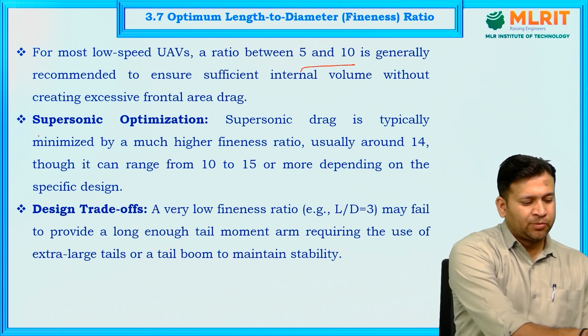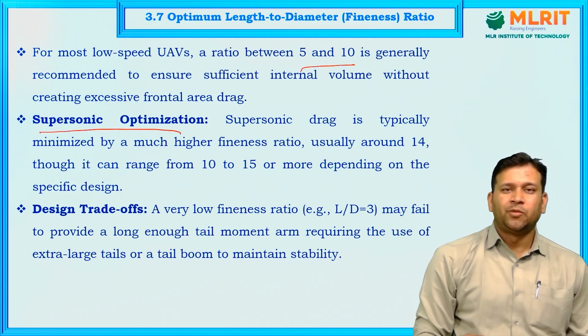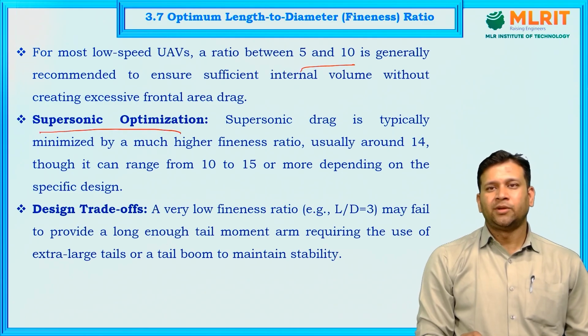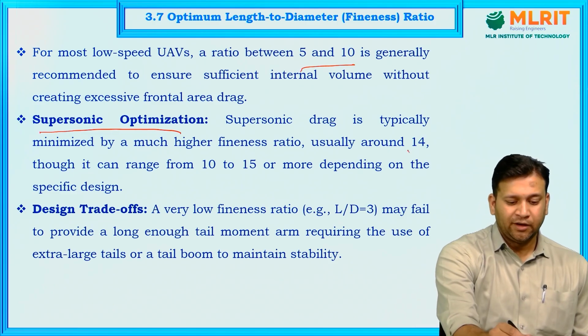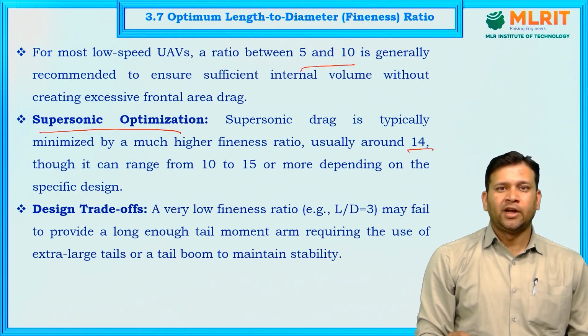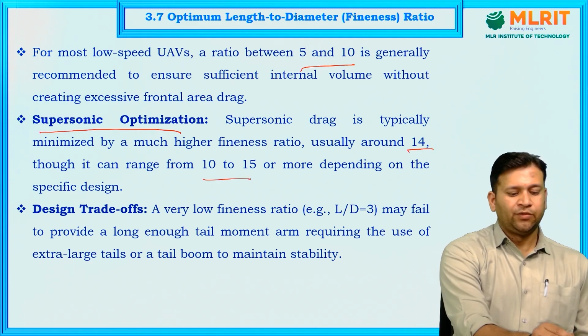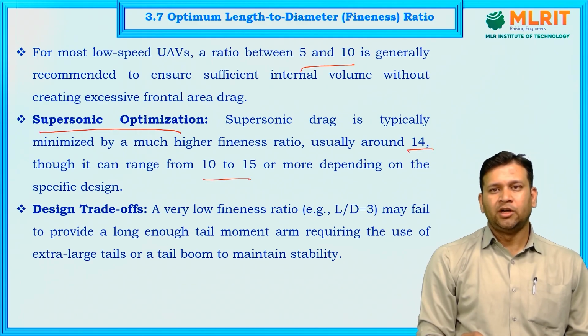Then coming to supersonic optimization. Supersonic drag is typically minimized by a much higher fineness ratio, usually around 14, though it can range from 10 to 15 or more depending on the specific design.